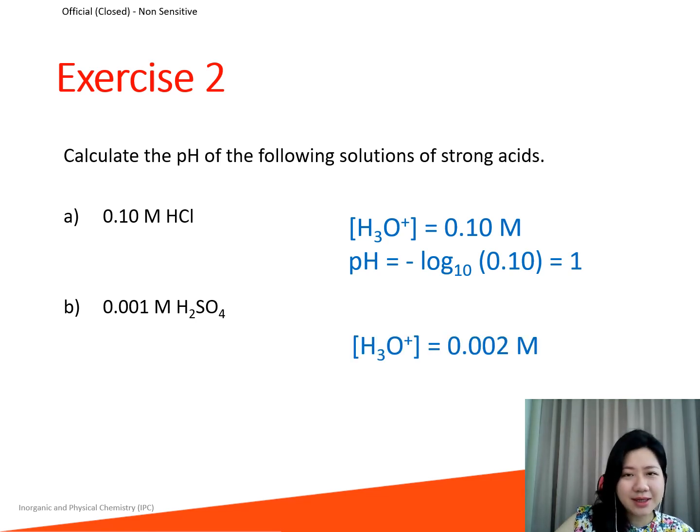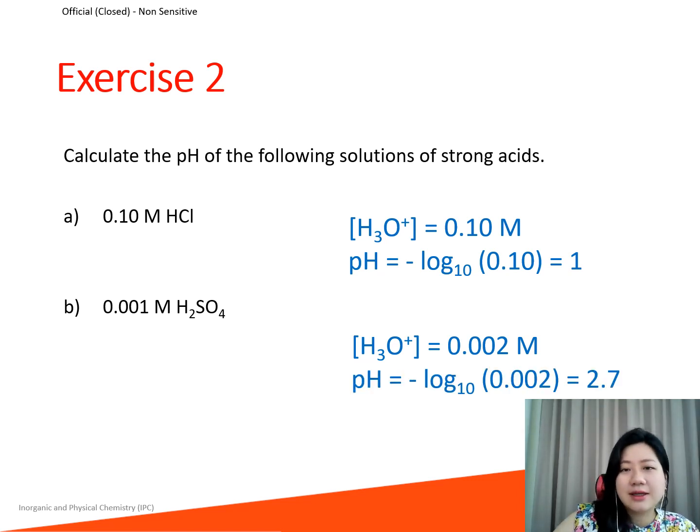For question B, H2SO4 is a diprotic acid which can give away 2 protons. So, 0.001 molar of H2SO4 would actually give 0.002 molar of H3O+ ions. Therefore, pH equals negative log 0.002, which gives a pH of 2.7.